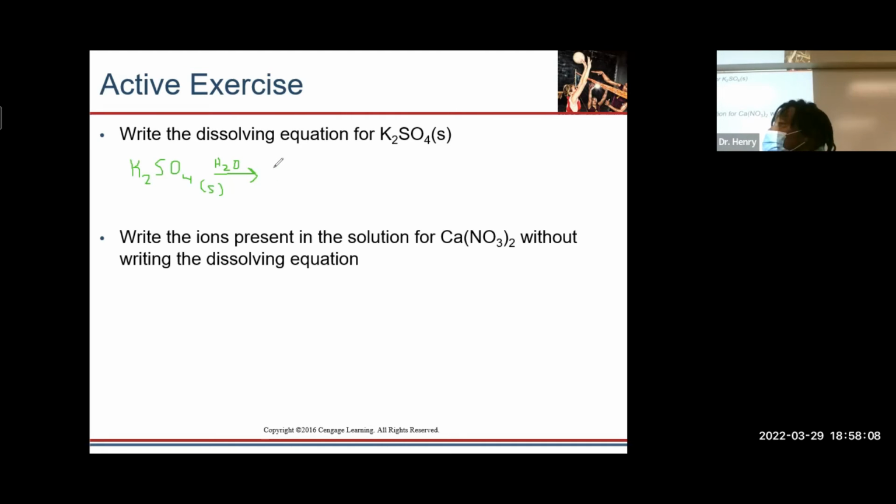Okay, so what's going to happen when I put it in water? They're going to separate.